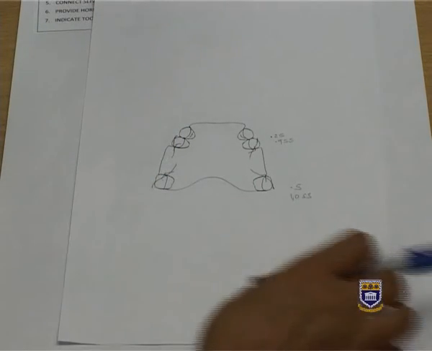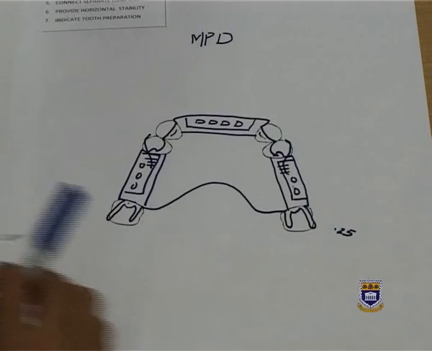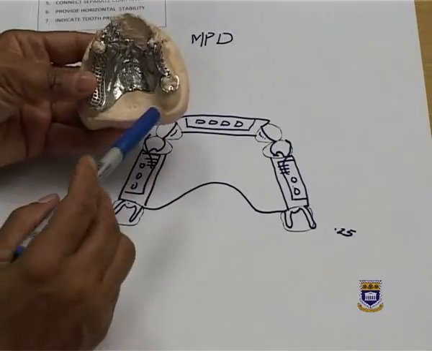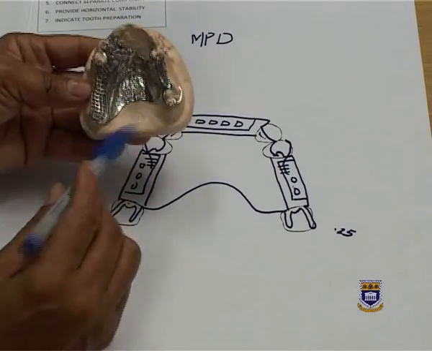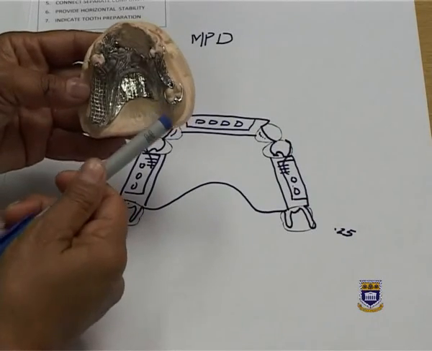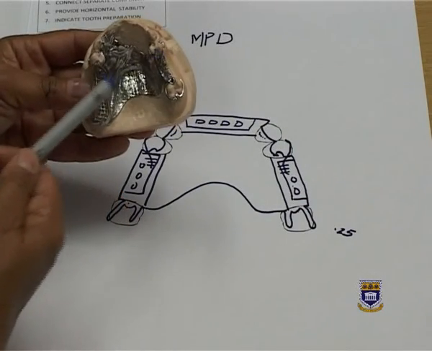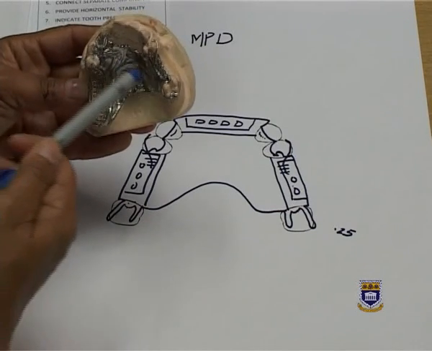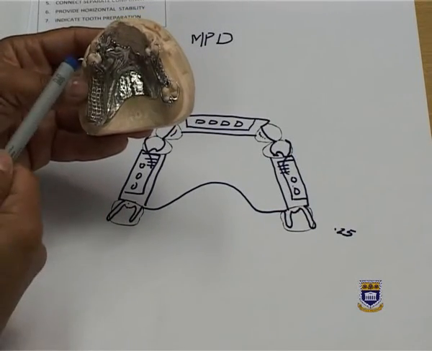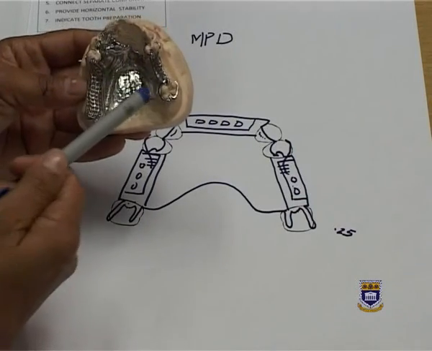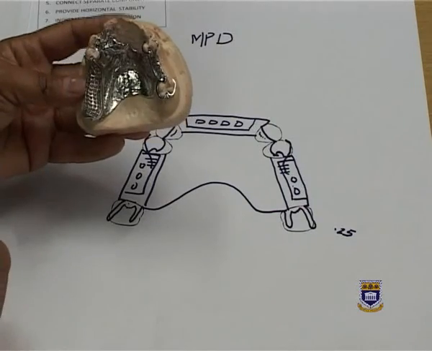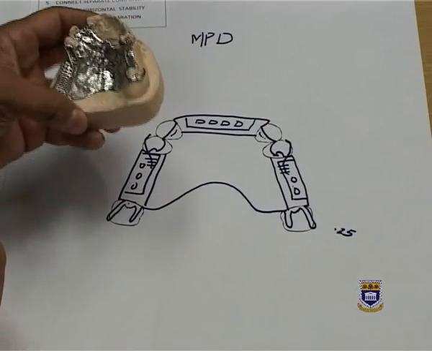In comparison to a metal partial denture, where we can use a ring clasp, in this case on the premolars we have used a soldered C clasp, a soldered stainless steel clasp, because we cannot use a circumferential clasp on a premolar. And this is how the technician will then construct the metal framework.